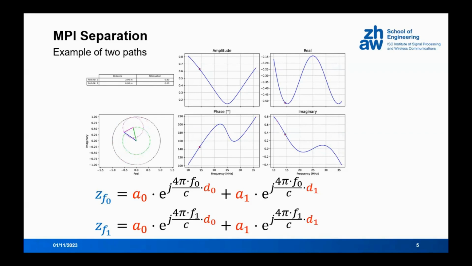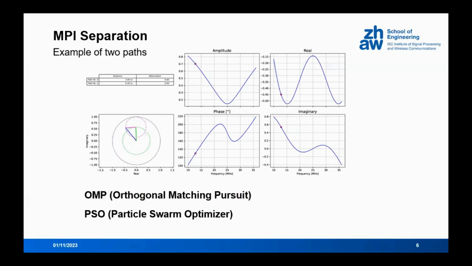To solve these equations with 5 measurements, there are multiple ways to do that. One way is the so-called orthogonal matching pursuit. This was also published 2 years ago, where they told this is a good way to solve the problem. As I will show later, in some cases it's a good way, but it also has some really annoying limitations.